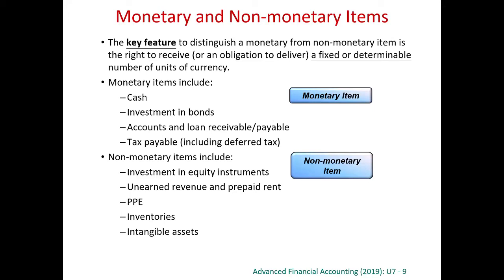The same for property, plant and equipment, inventory, and intangible assets: they are non-monetary items unless you sell them. As I've said before, once you sell it, it becomes a receivable. Receivable is a monetary item because you know how much you are going to receive, but PPE, inventory, and intangible assets are non-monetary because this is not a right to receive a fixed or determinable number of units of currency.